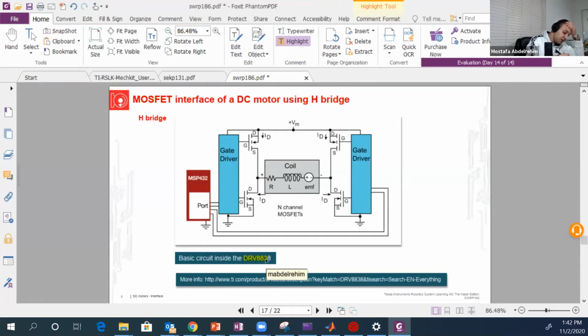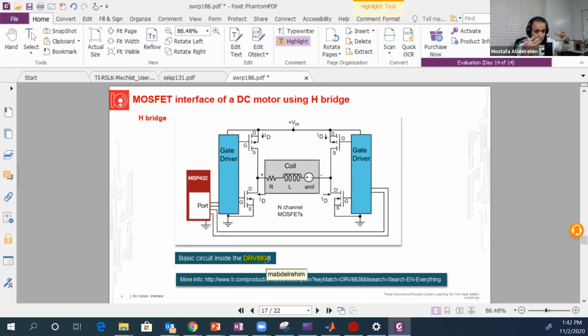Okay, you have 2 chips on your kit, one to control the right motor and one to control the left motor. Both of them have this bridge. It's called the H bridge, by the way. This driver circuit has 2 functions. The first one, it drives the motor.